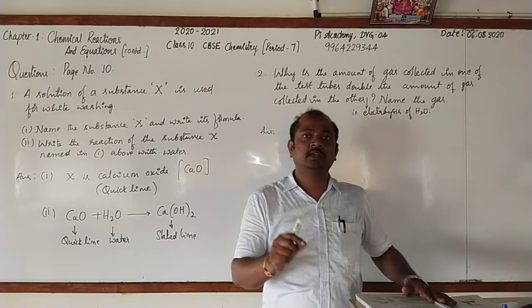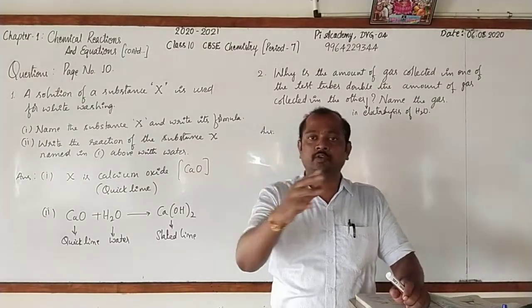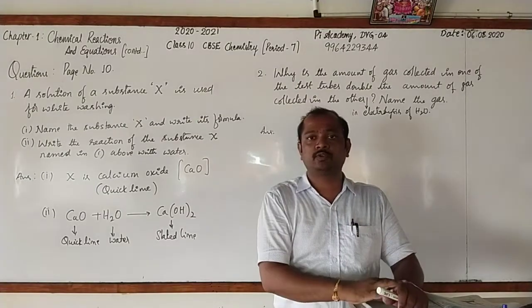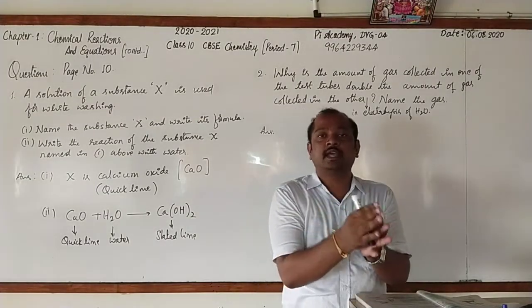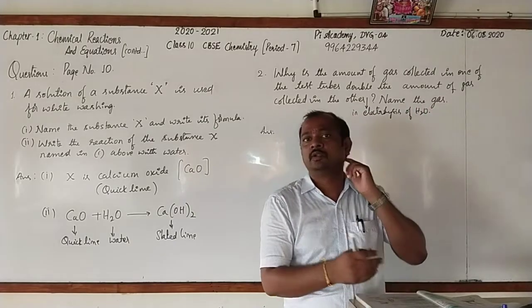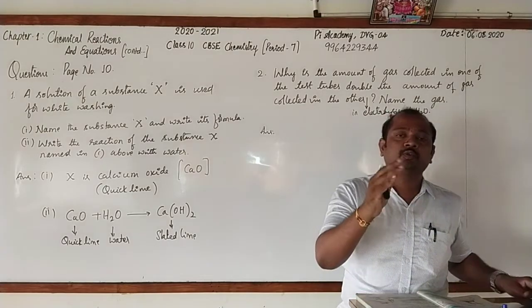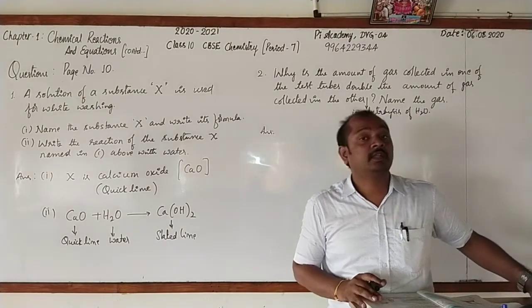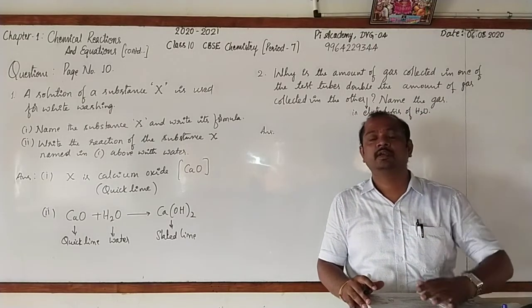And we also know that water contains two atoms of hydrogen and one atom of oxygen. Hence, these gases will be collected in the test tube. Here, hydrogen is two atoms. Hence, the gas collected in one of the test tubes will be double of the other.